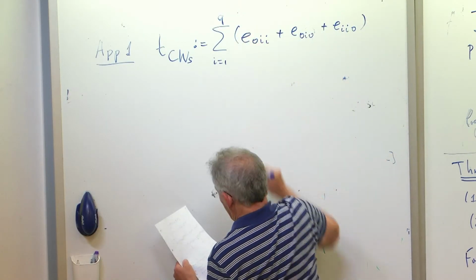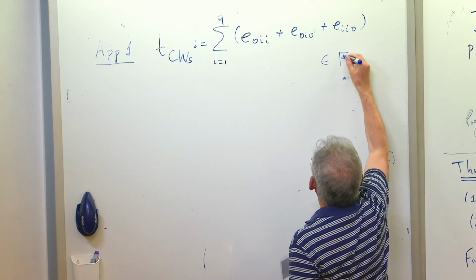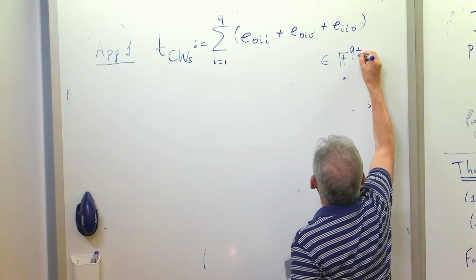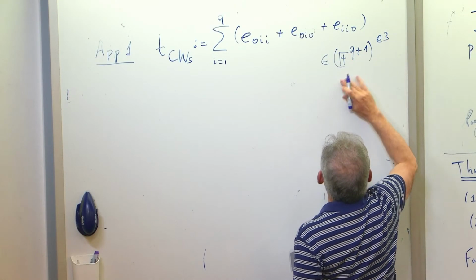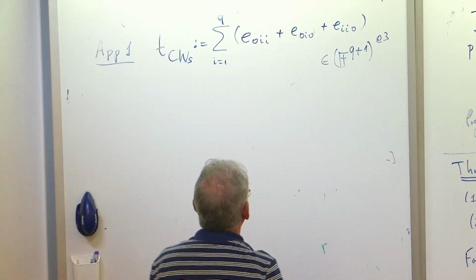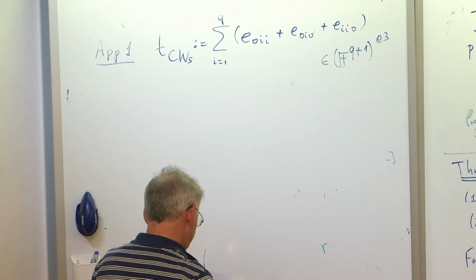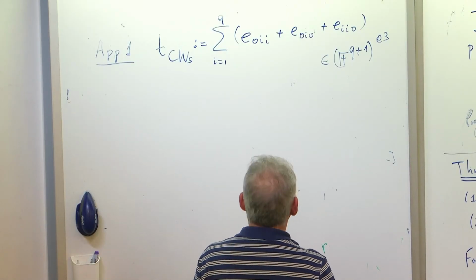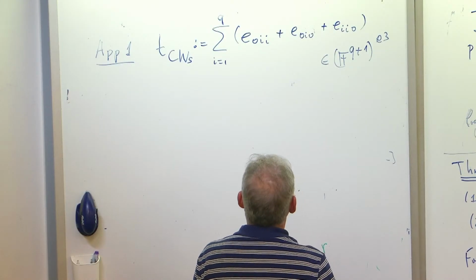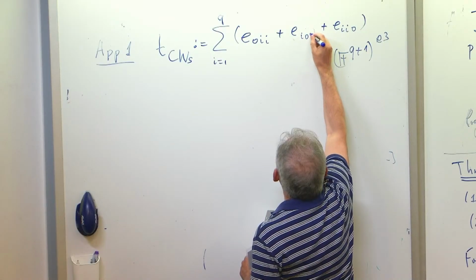So this tensor has dimension q plus 1, it's cubic: q plus 1 times q plus 1 times q plus 1. The middle one is wrong. Yes, that's right.